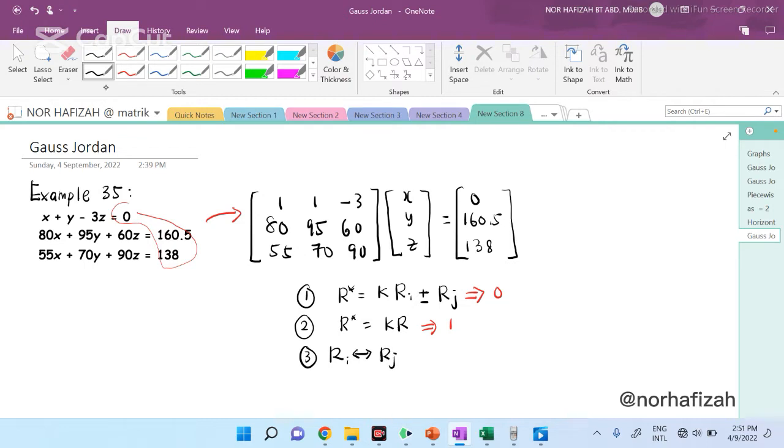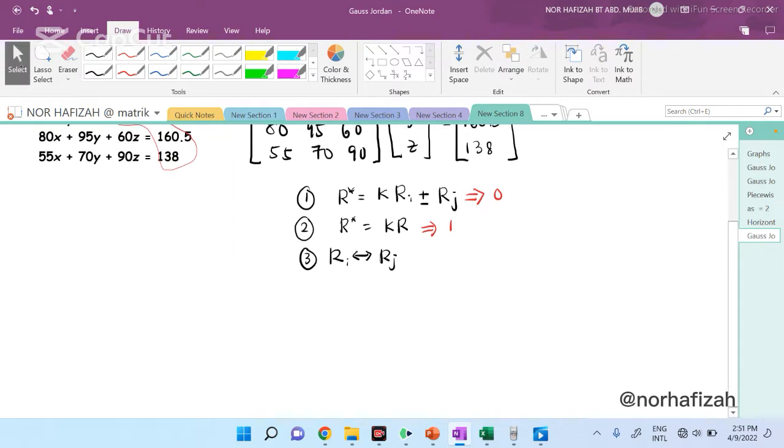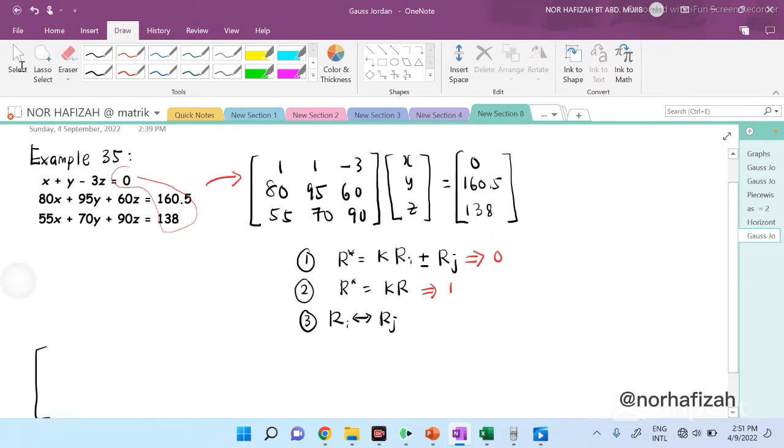First we are going to write the augmented matrix form. Here we have the matrix: 1, 1, 1, 1, -3. We rewrite it back: 95, 60, 55, 70, and 90. Next to it, a straight line, and then put the values here.